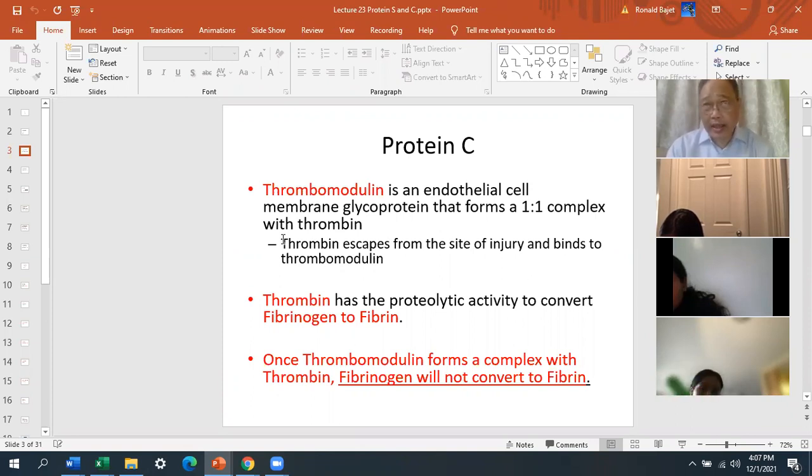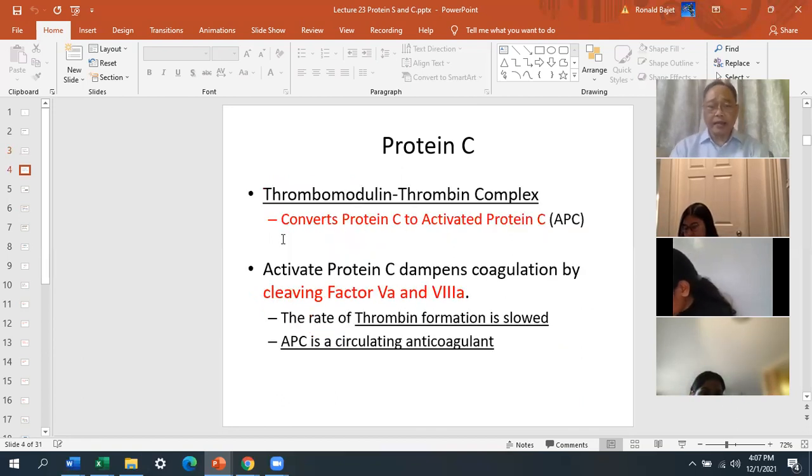That's one of the anticoagulant activities, because fibrinogen will not be converted to fibrin, since thrombin has now bound to thrombomodulin. When thrombomodulin forms the complex with thrombin, fibrinogen will not convert to fibrin, because thrombin is not available to catalyze that reaction, if you recall from the coagulation cascade.